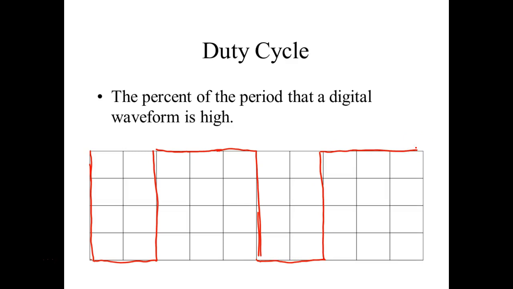So what would be the duty cycle here? 1, 2, 3. That would be 1, 2, 1, 2, 3. We have a total of 5. So that's going to be 3 over 5. It's the percent of the period that it's high. It doesn't make any difference what you start off with. So this would be a 63% duty cycle.